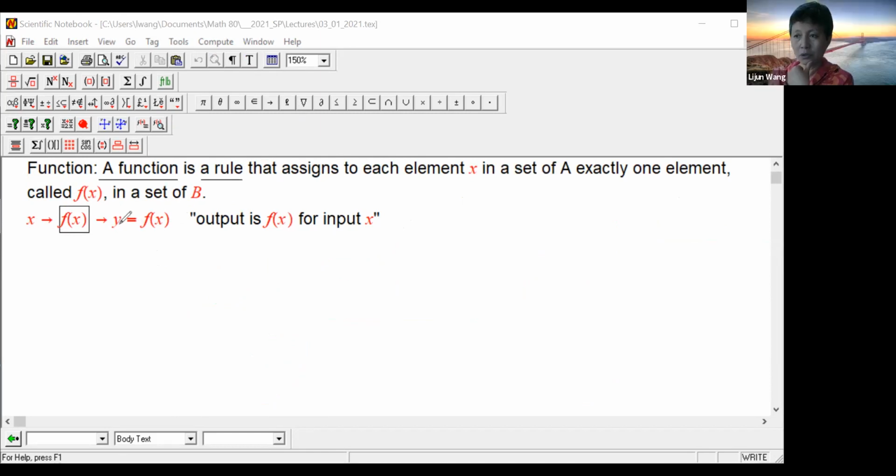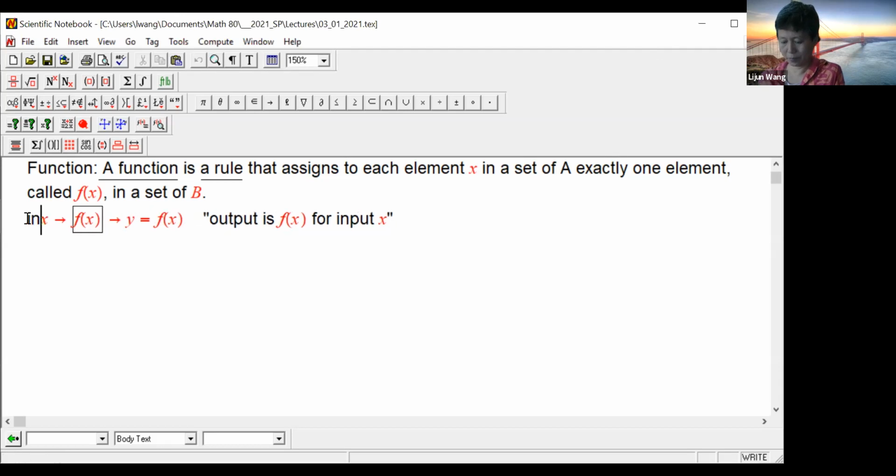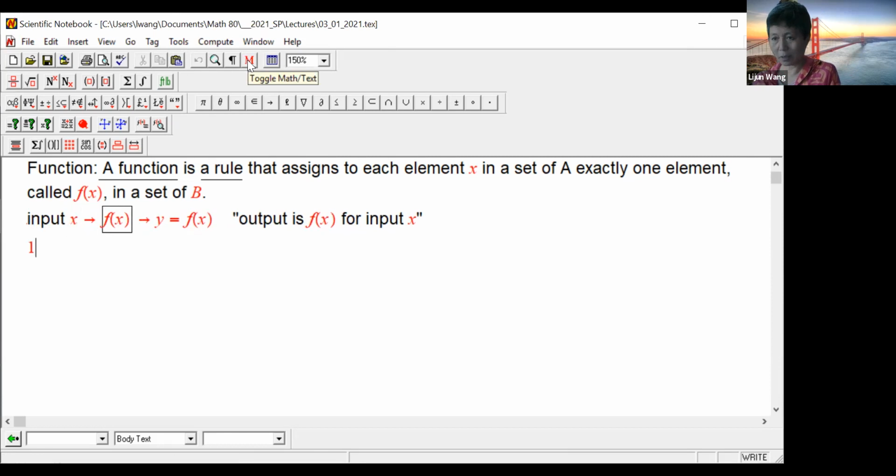I want you guys to gradually transition to use f of x. So the function is a rule. This rule applies to the input, it produces an output. So what does the first example mean? First example says f of x is a constant.